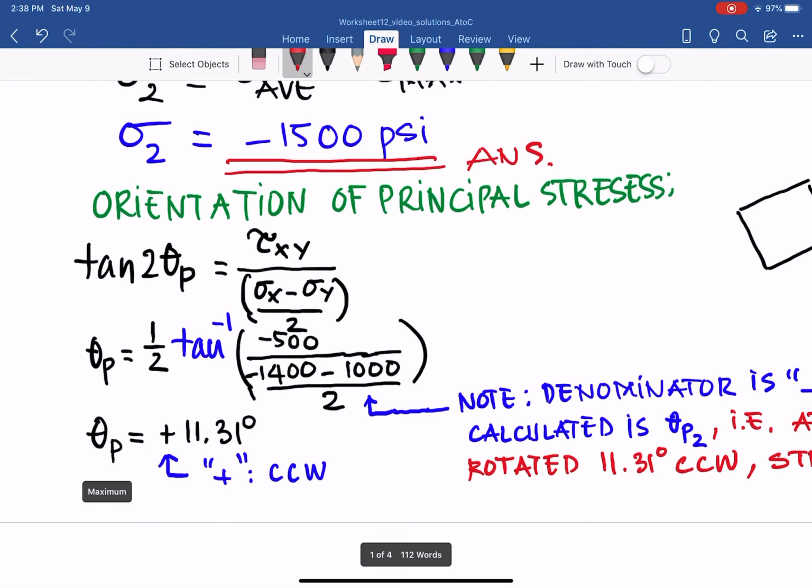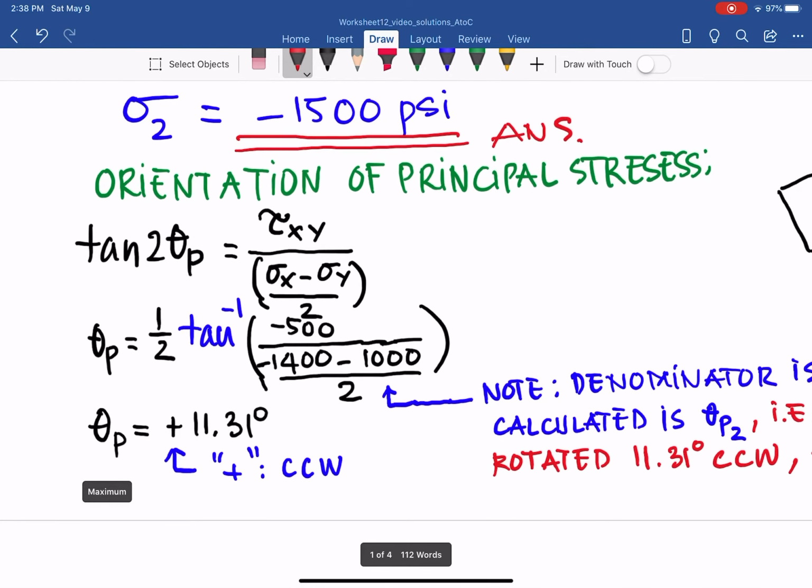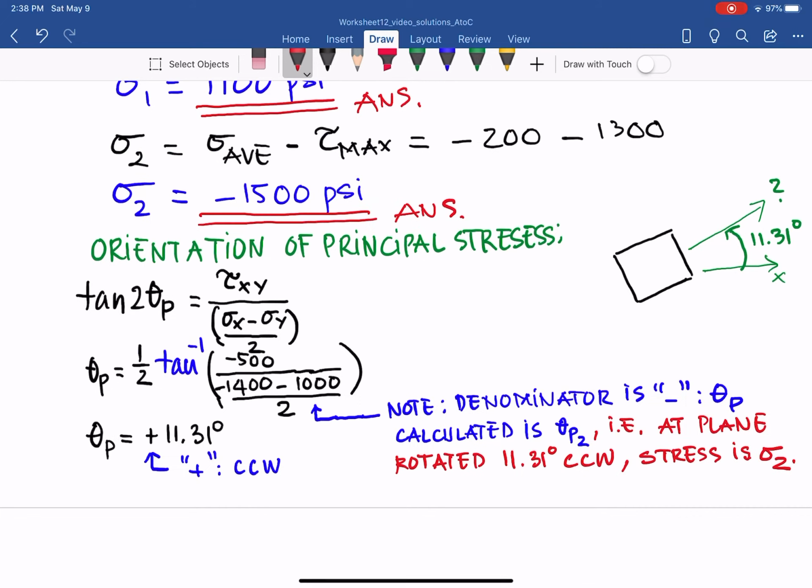If the theta p that you find is positive, it means counterclockwise. If negative, it's clockwise. So that is a very important note. The question mark here becomes axis number 2.